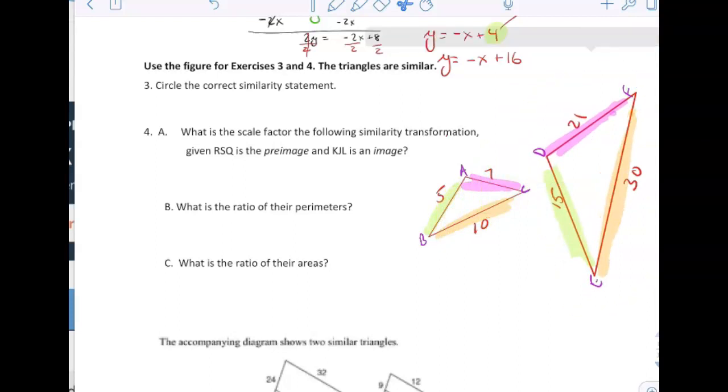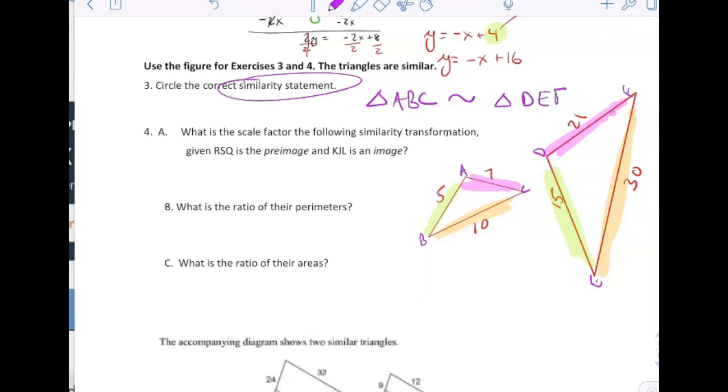It's hidden because it's turned a little bit. So the similarity statement would be triangle ABC. If I call the first one ABC, then I say it's similar to triangle DEF because it went ABC, DEF. Same order. Corresponding angles were in the same order.